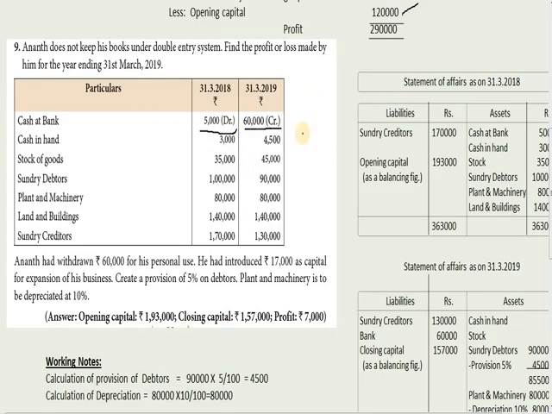So what does this mean? Debit balance means you have positive balance with the bank. Credit balance means you have negative balance with the bank. So in the beginning of the year, you are having positive balance with the bank. So it is an asset. So we are presenting the cash at bank 5,000 on the asset side.